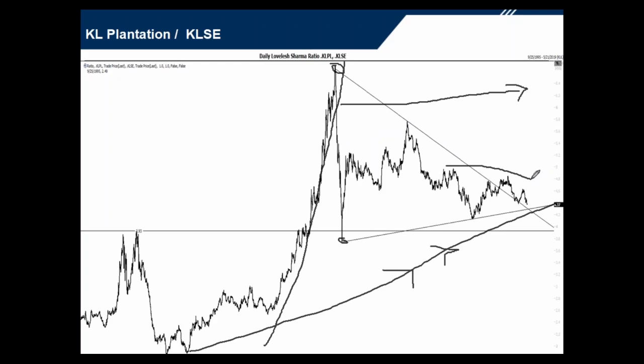The basic idea is that the overall trend of the sector is up. There was a big rally from 2005 to almost 2009, and it has been in a sideways correction. Any breach of these levels in the plantation sector, this sector may do well, but it's not necessary to put smart money into this sector as of now.